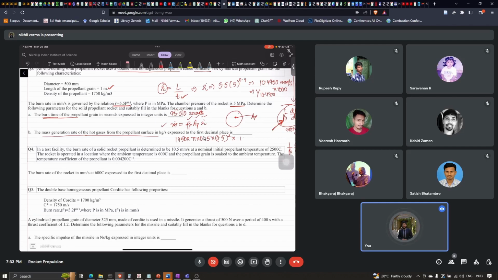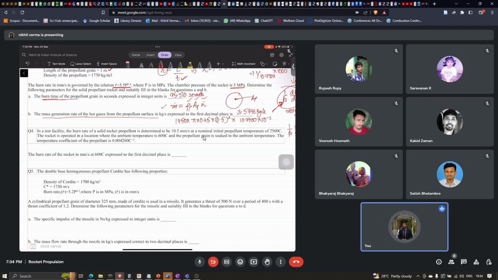So you have to multiply 10.4700 into 10 to the power minus 3. If you do that, you will get the value as 3.5976 kgs per second.